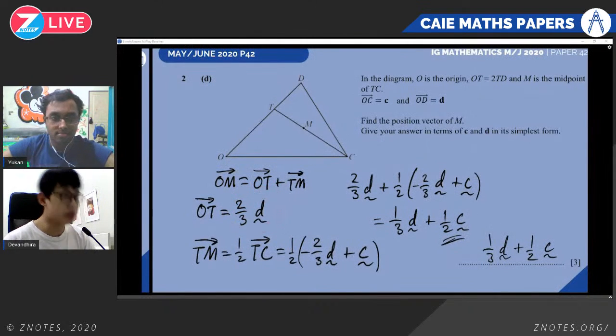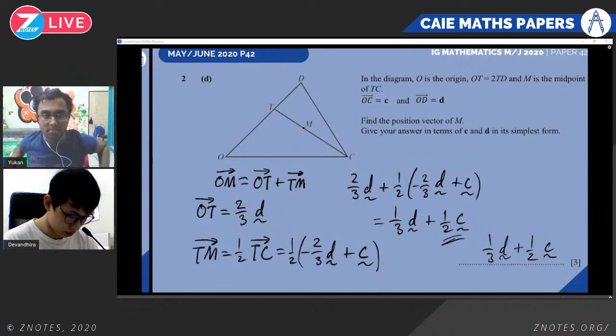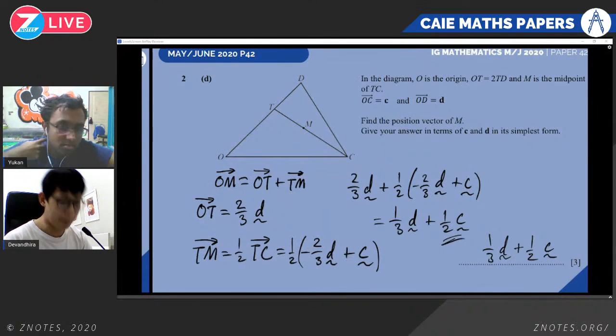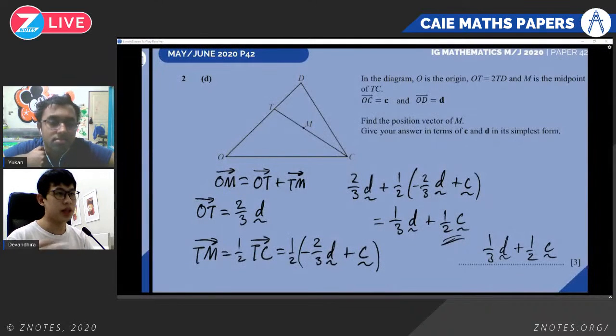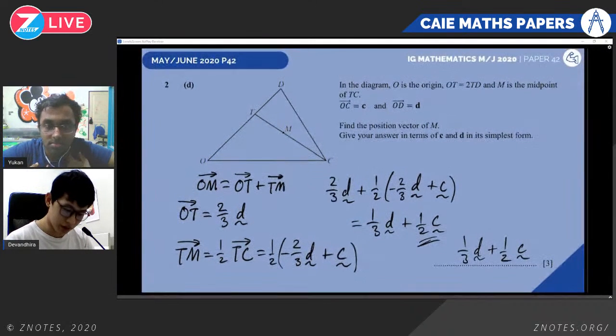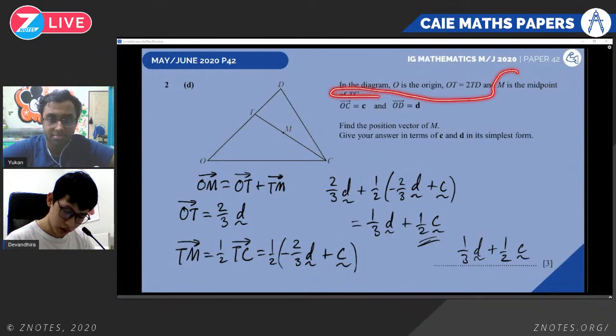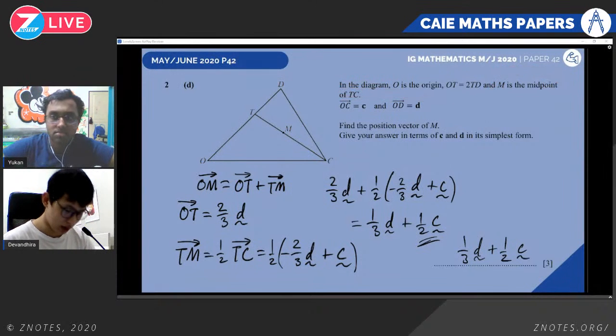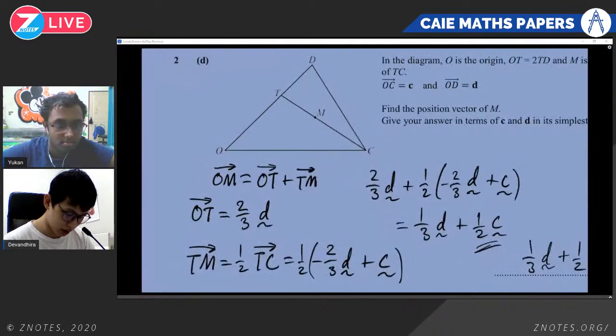Now the question is, what's TM? So we want to find what TM is. First we can realize that M is the midpoint of TC, correct? So that means we can write it as half of TC. Agree, Yugan? Yeah. Now the question is, what's TC?